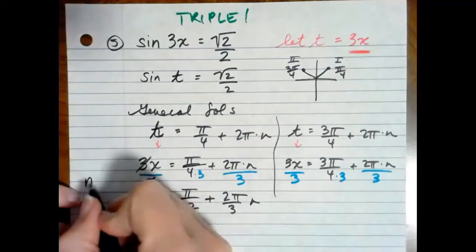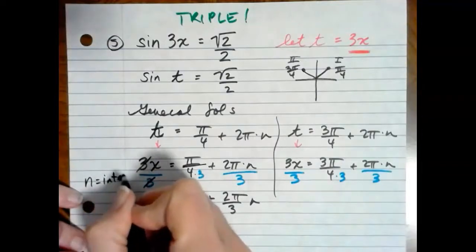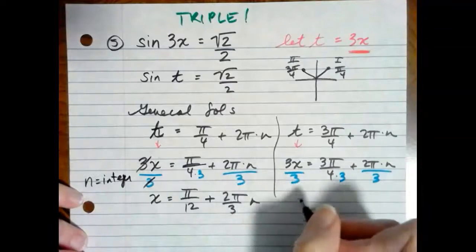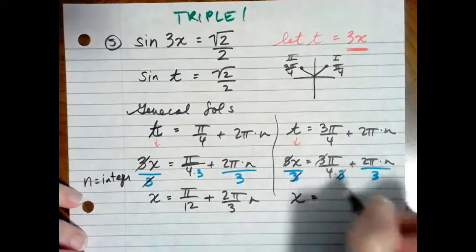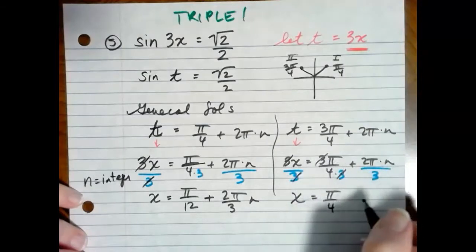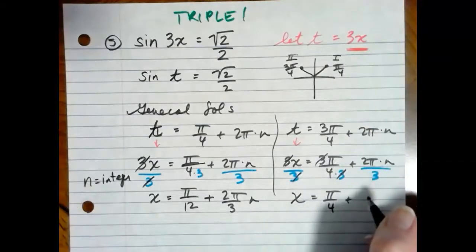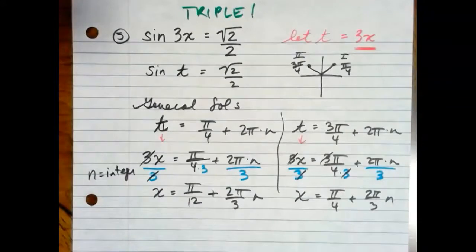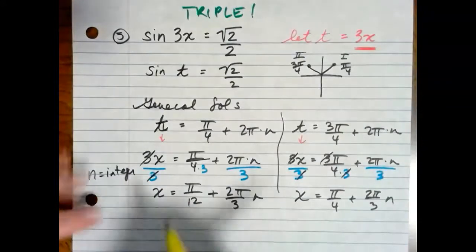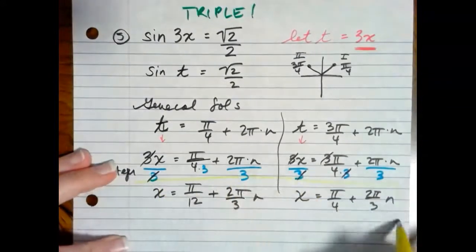Remember, n represents an integer. 3's cancel, x equals pi over 4 plus 2/3 pi n.